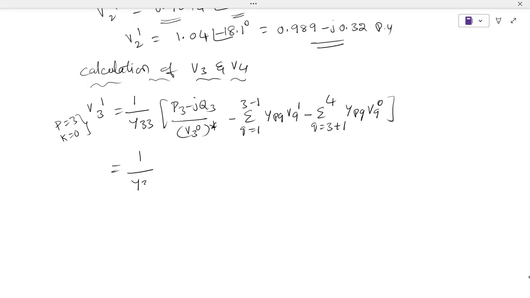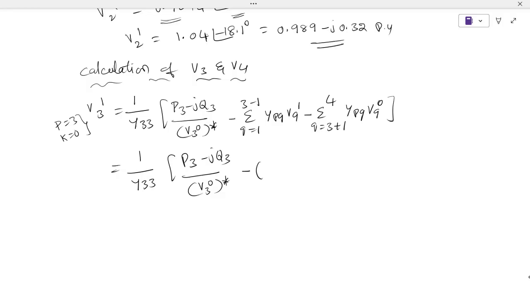1 by Y33, (P3 minus jQ3) by V30 conjugate, minus the summation where Q is equal to 1 to 2, that means Q value is 1 comma 2.